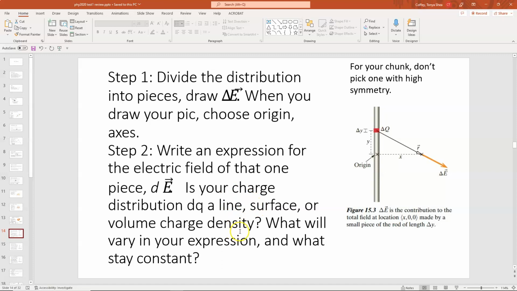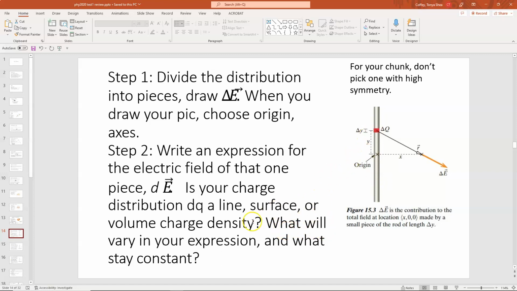So you have to decide whether you've got a 1D, 2D, or 3D charge distribution, okay? And then you're going to write dq as either a line charge density times a little dl, like you have here. So here if you have a dy, then it would be lambda dy, okay? Or if you had a surface charge density like a plane, then your dq would be sigma dA. Or if you have a volume charge density, a 3D thing, then your dq would be rho dV, okay?